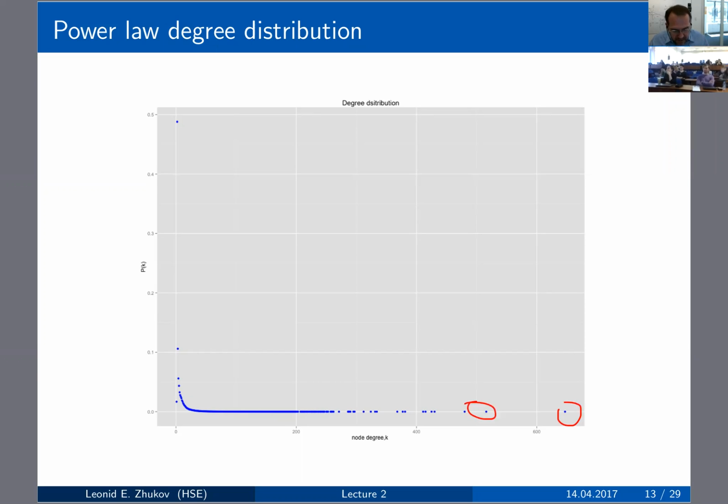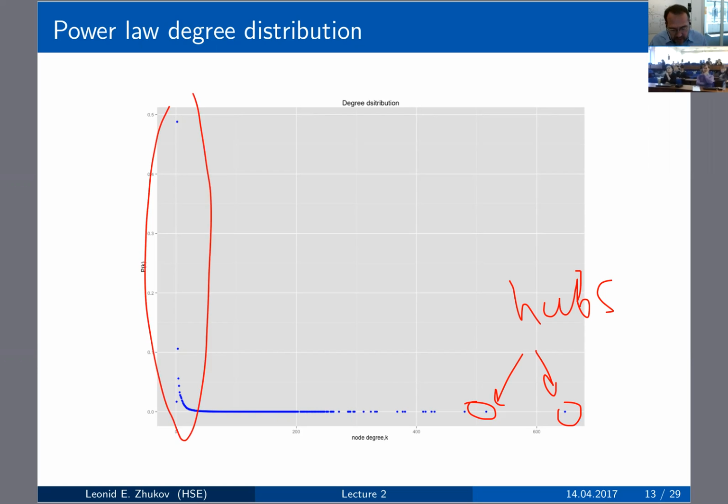In this degree distribution, there are some nodes with a very high degree, and those nodes are called hubs, because they have a lot of connections. At the same time, the majority of the nodes have low degree. This corresponds to degree 1, so the majority of the nodes have degree 1.